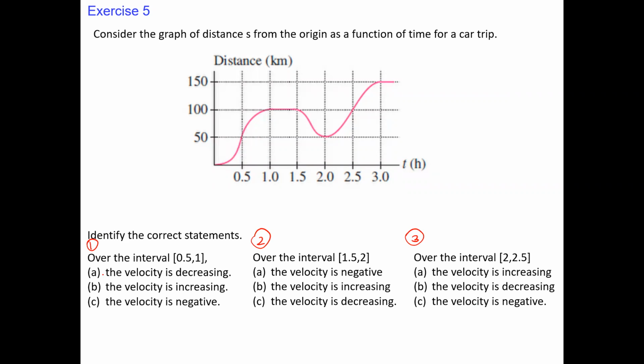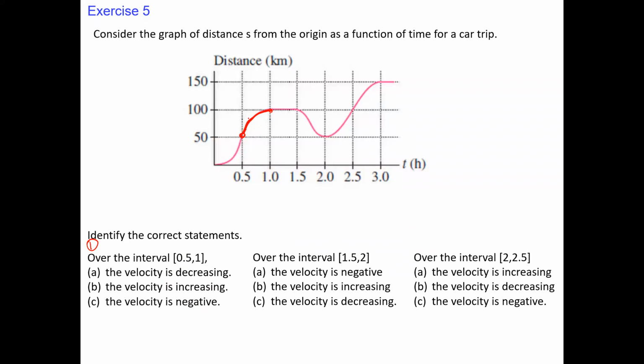Identify the correct statements. Okay, over the interval between half and 1. Between half, where we are, between half and 1. That means this is the first one. Can maybe use different colors for different statements. Okay, on that interval, we have to figure out if the velocity is decreasing, increasing, or negative.